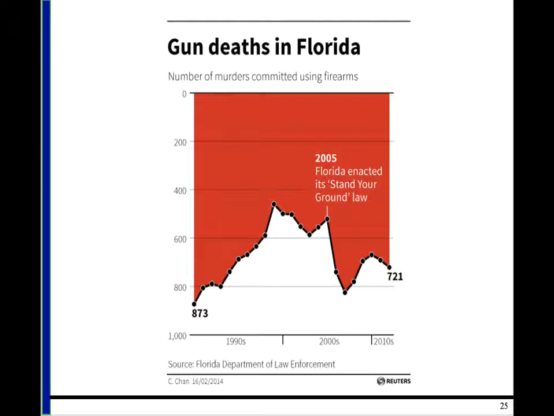So if you take a look at this graph, the impression that you get is that after Florida enacted this Stand Your Ground law, the number of murders committed with firearms went down. And so with just a quick glance, it makes it look like this law might have influenced the number of firearm murders and made it go down.